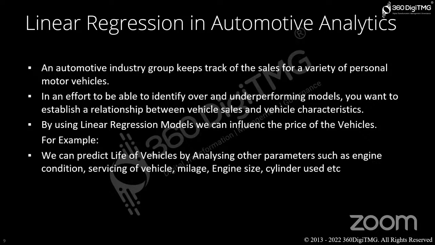So we can predict the sales of a particular type, and in an effort to identify over and underperforming models, you want to establish a relationship between the vehicle sales and characteristics.